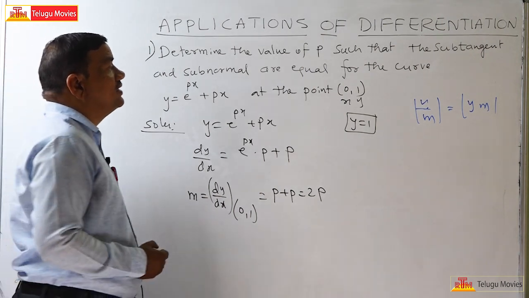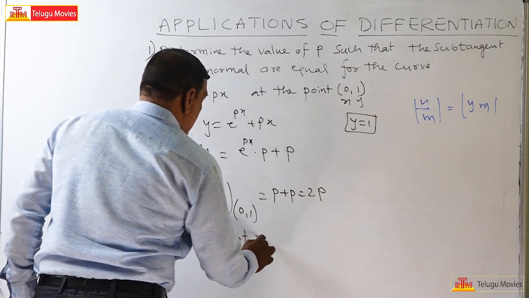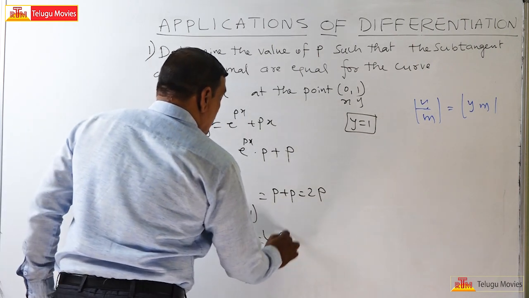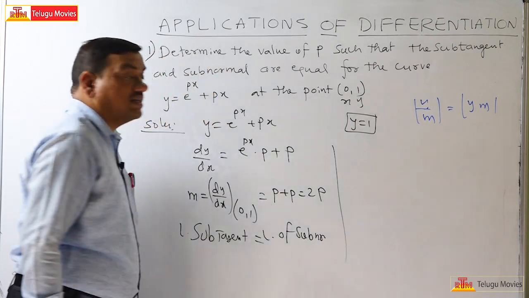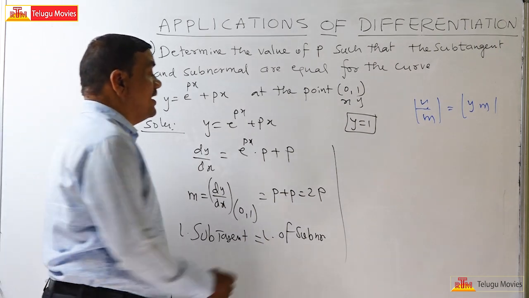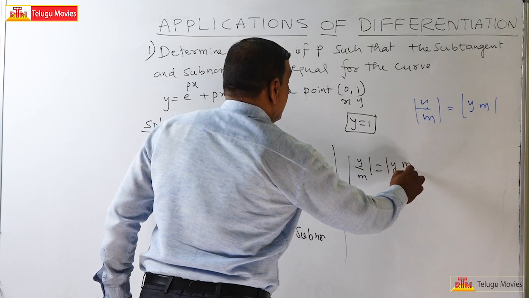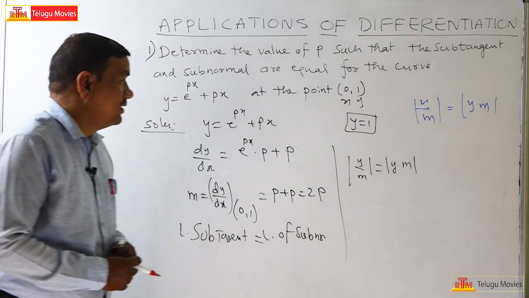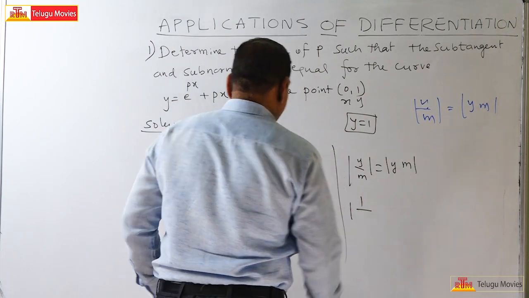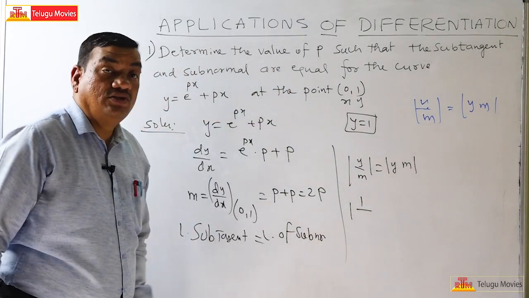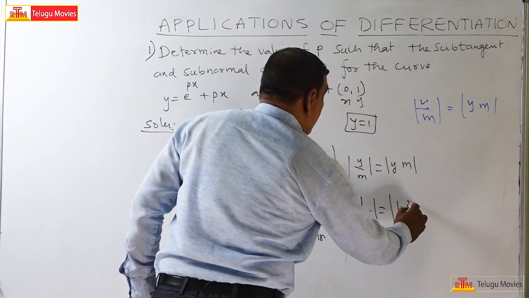Now, we know that the length of the subtangent is equal to the length of the subnormal. So the length of the subtangent is modulus of y by m, equal to y into m. The y value is 1 and the m value is 2p, so 1 by 2p is equal to 1 into 2p.